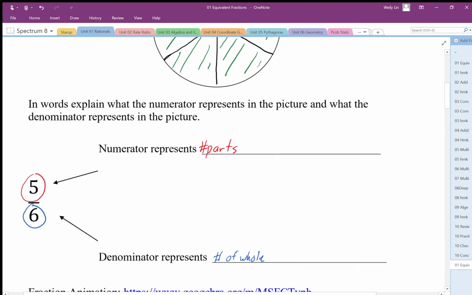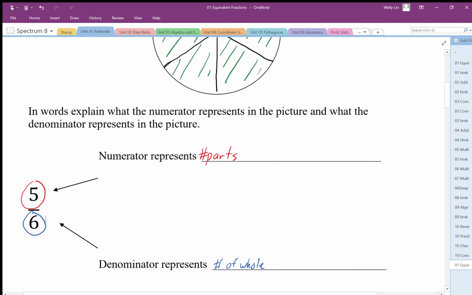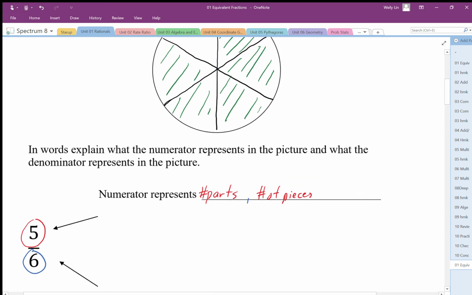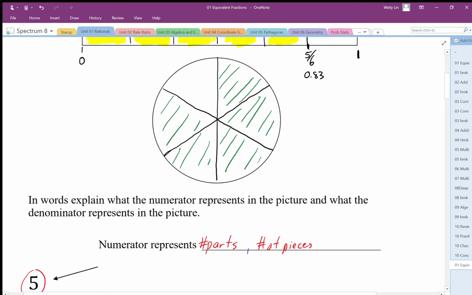So the denominator can represent the size of fraction pieces, and the numerator represents the number of pieces. When we talk about 5/6, the 6 represents how big each slice is. The 5 represents how many slices we have.